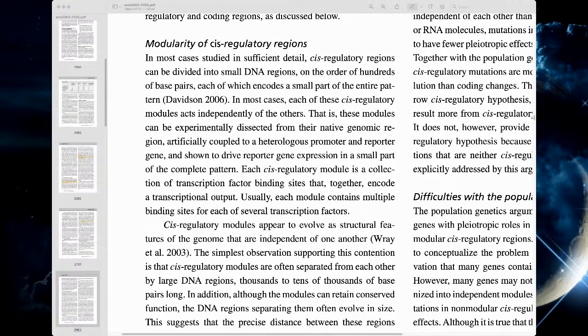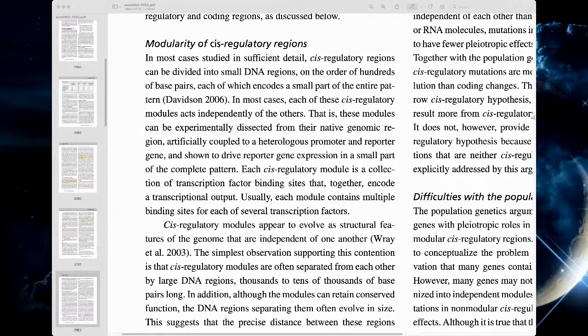In most cases, each of these cis-regulatory modules acts independently of the others. That is, these modules can be experimentally dissected from their native genomic region, artificially coupled to a heterologous promoter and reporter gene, and shown to drive reporter gene expression in a small part of the complete pattern.